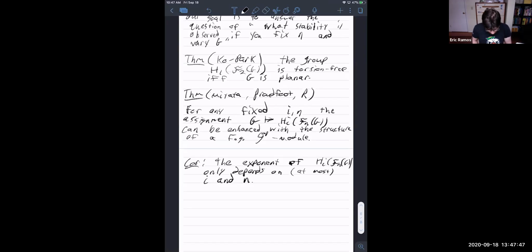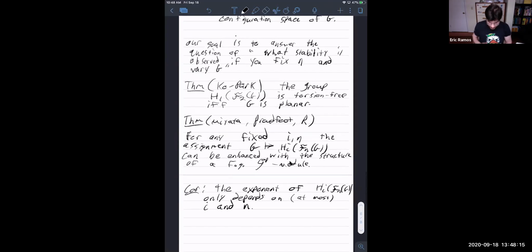That fact tells you that contractions are inducing maps on compactly supported cohomology. But this particular fact that you get it on homology proper, I don't think you can use that route exactly. It's a different approach. But yeah, so the exponent of these groups.